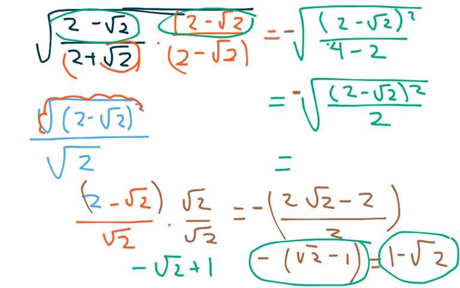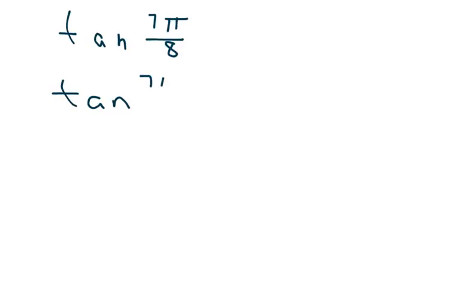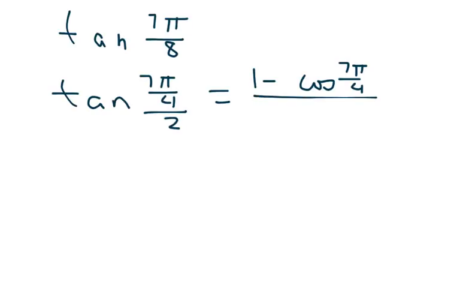Now I'm going to show you why using Formula 11 is much better. So Formula 11, let's start again, remind us where we're at, tan 7 pi over 8, and we know that tan of theta over 2, which is going to be 7 pi over 4 divided by 2, equals 1 minus cosine 7 pi over 4 over sine of 7 pi over 4.